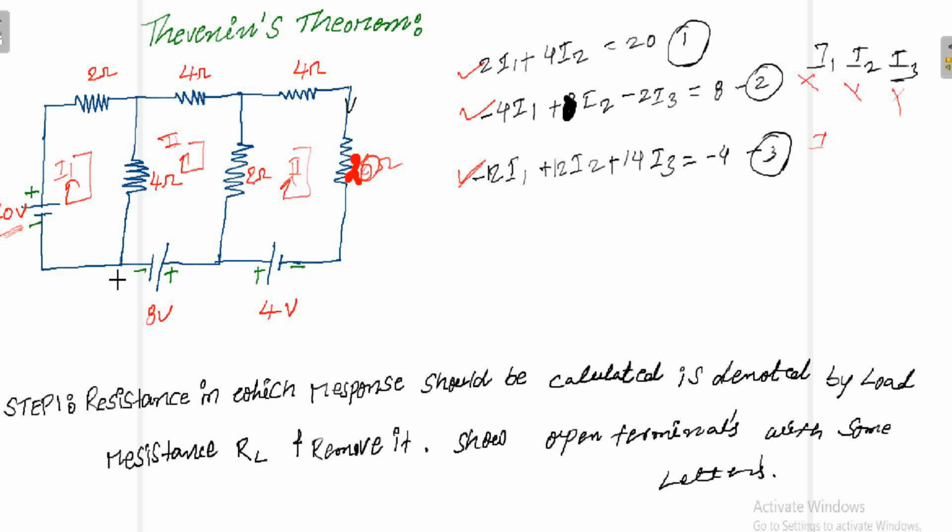So is there any way which makes our analysis easy? In this, we are changing the load, or we are changing the element value where we want to find the response.